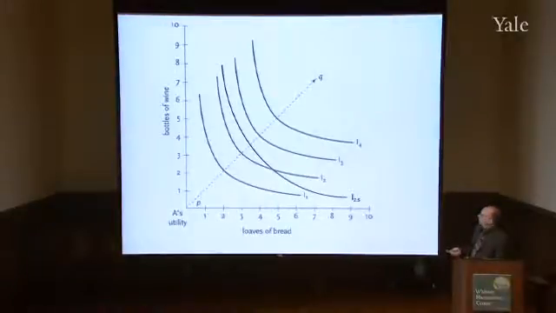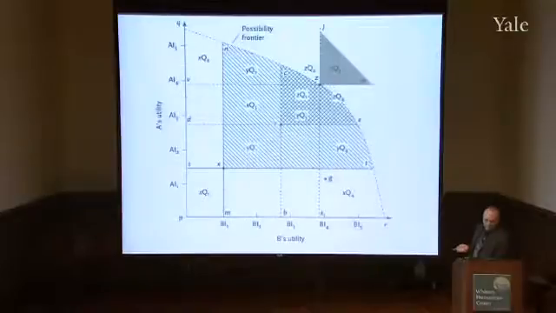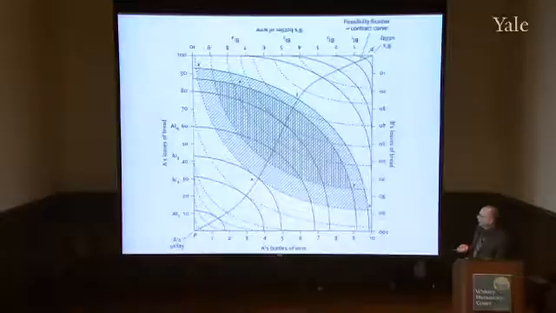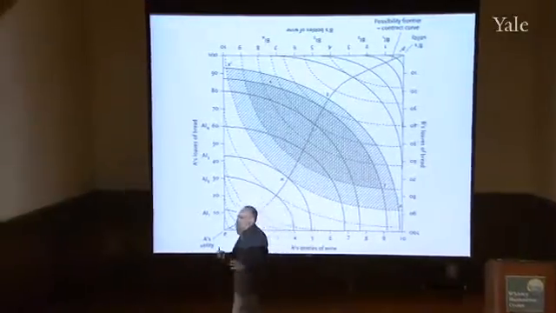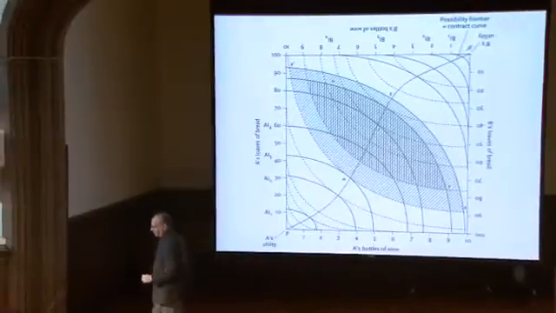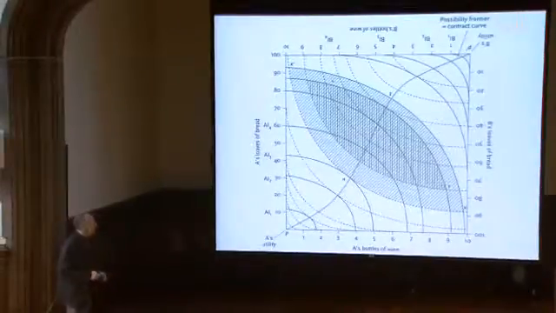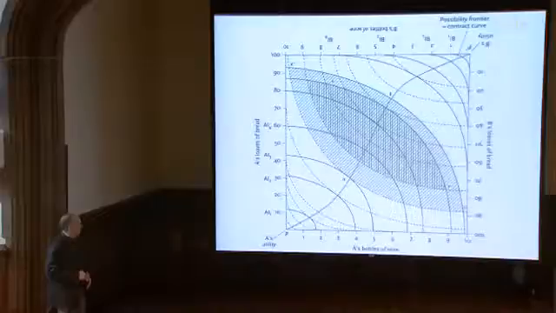We're putting this diagram where we have two commodities and one person, and this diagram where we have two people and just utility, we're putting it all together into one big picture. And you'll see why this is helpful once we get to the end of it.